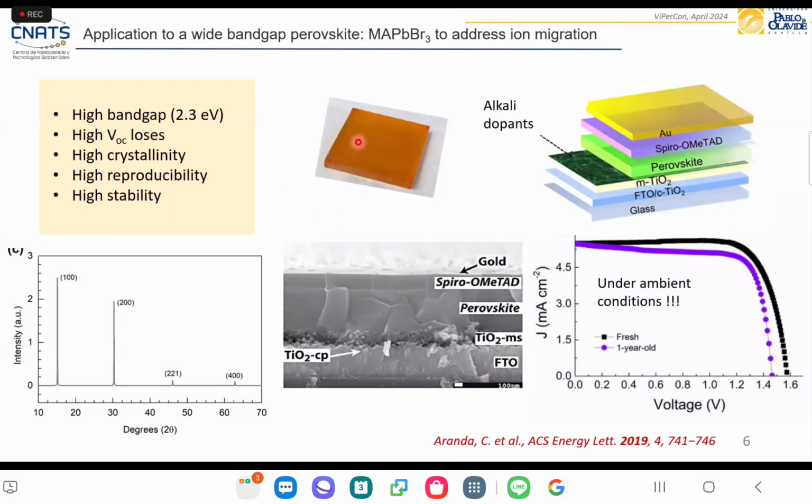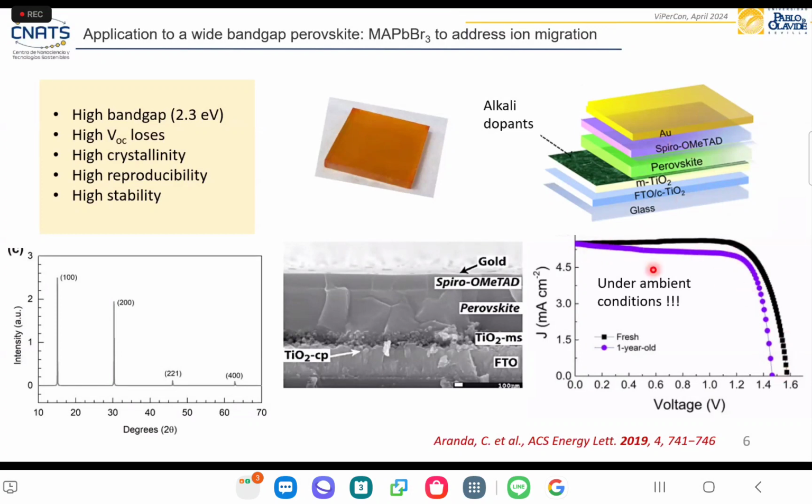And to do that, we optimize the film quality of the methylammonium lead bromide to obtain a very high crystallinity, as you can see in the XRD, very high reproducibility, and also very stable devices. As you can see here in the JV curve, the black one corresponds to the fresh device, just using TiO2 and spiro on top.